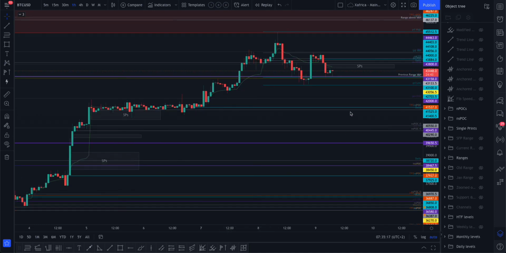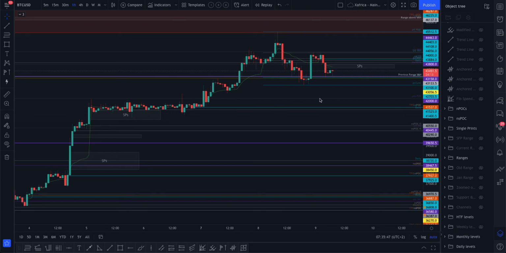Okay, and then the last point I want to make is I added all my levels now, so the monthly levels have also come into play. So that purple line there was the previous month value area high, so it acted as really accurate resistance there and there. Well, we just bounced off it again recently. That purple line is just a normal monthly. It's also showing some resistance and support both ways.